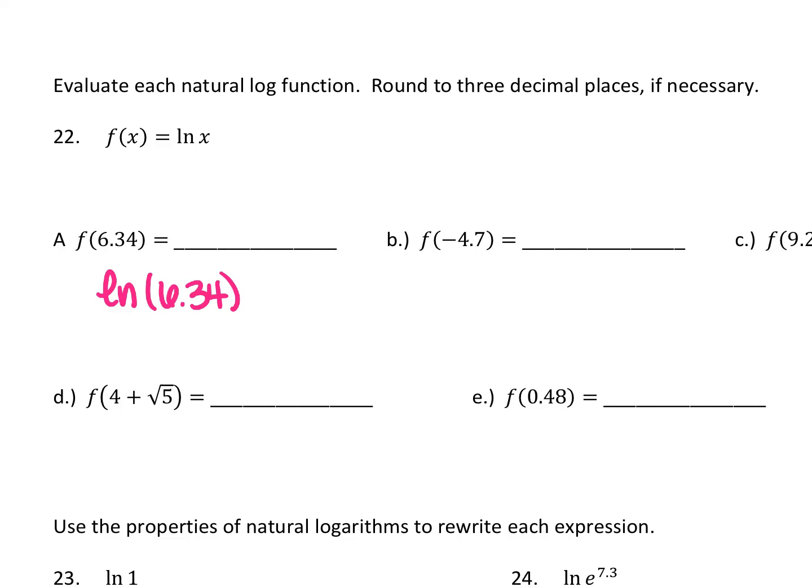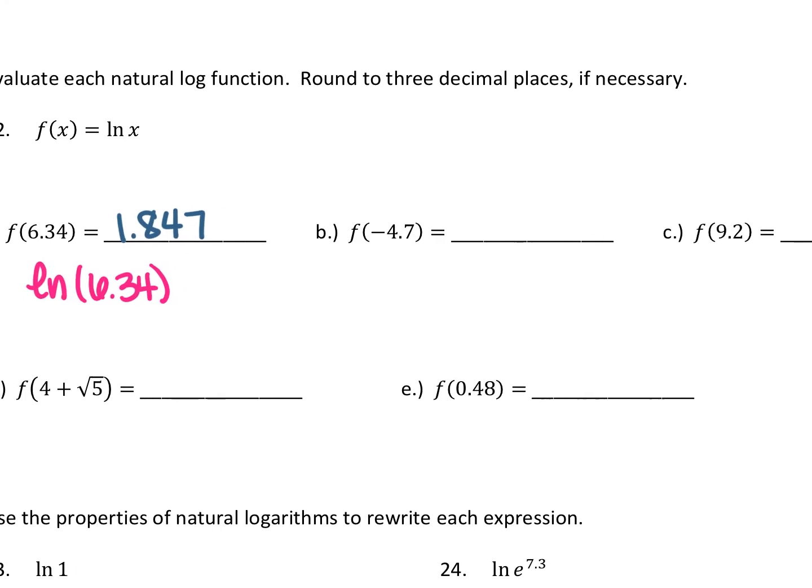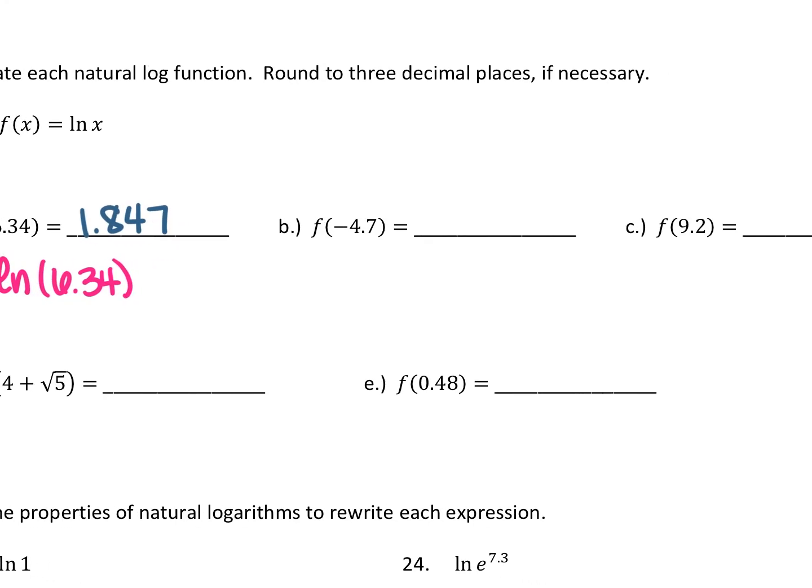So that means that you have 1.847. For B, you're going to take the natural log of negative 4.7. With this one, you cannot take the natural log of a negative number. So because there's a negative in here, you shouldn't even have to use your calculator.